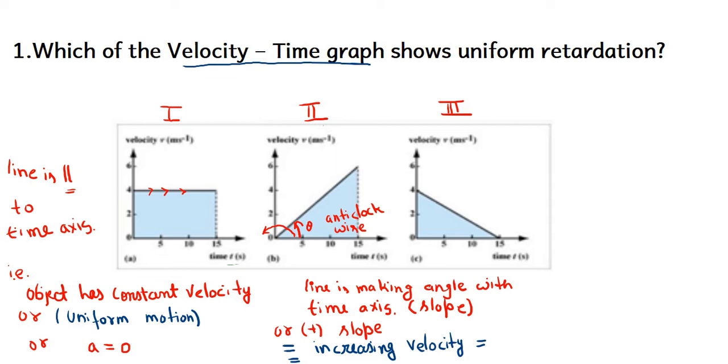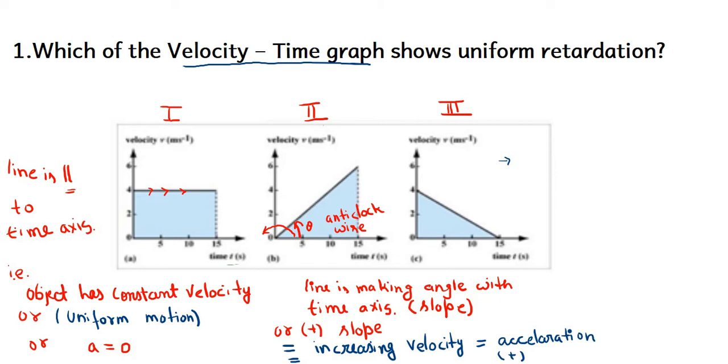As we all know, when changes of velocity take place, it has an acceleration. Now as the slope is positive, that means acceleration is positive, or we can say it is a positive acceleration. That means second graph shows the graph of object which has positive acceleration.